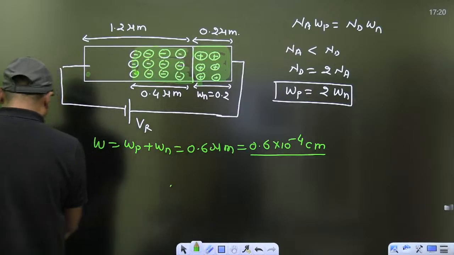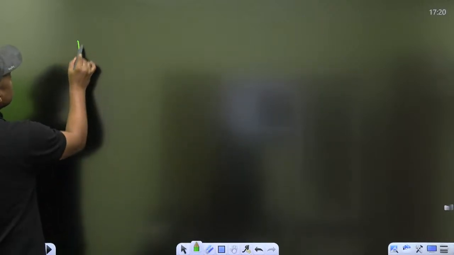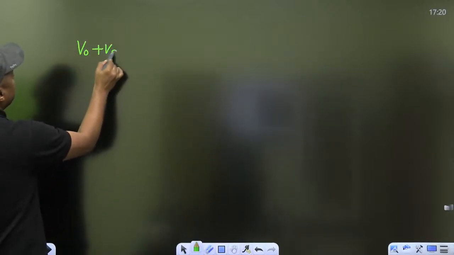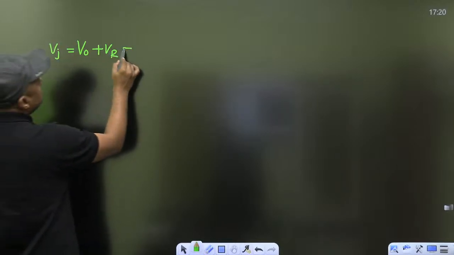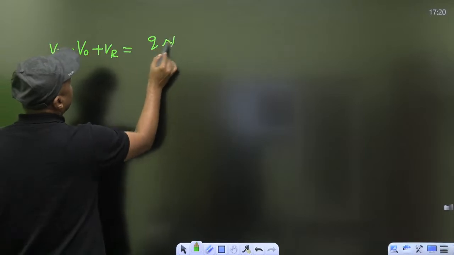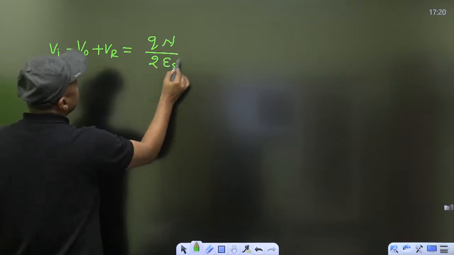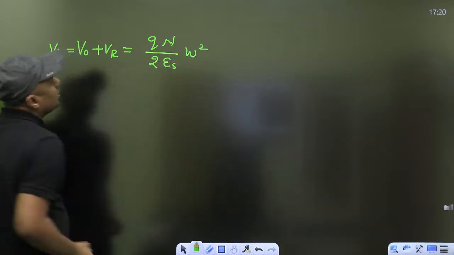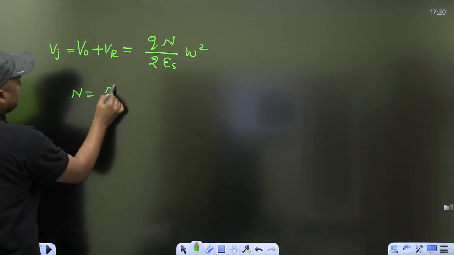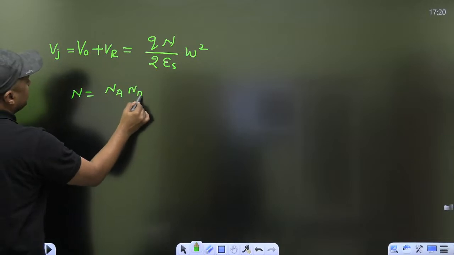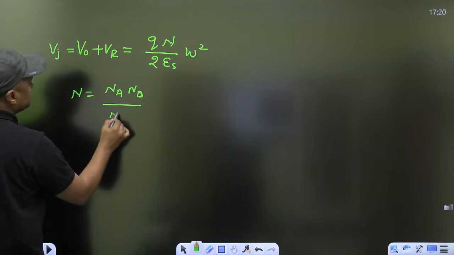Then what is the formula here? The formula is V0 plus VR, where V0 is called the built-in potential and V0 plus VR is called Vj, the junction potential, equal to QN upon 2 epsilon s into W square. What is the N here? N is nothing but Na Nd by Na plus Nd.